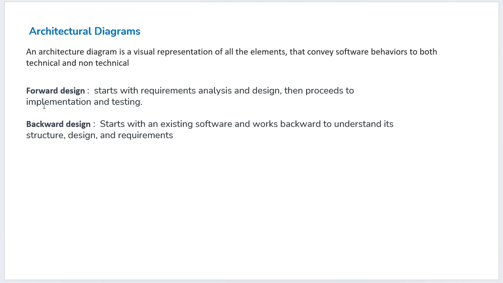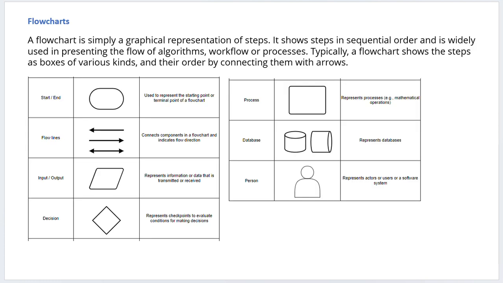To draw the diagrams we have to understand flowcharts. The flowchart concept is part of UML. I think most people know UML: the Unified Modeling Language, a standard language for designing and documenting a system in an object-oriented manner.